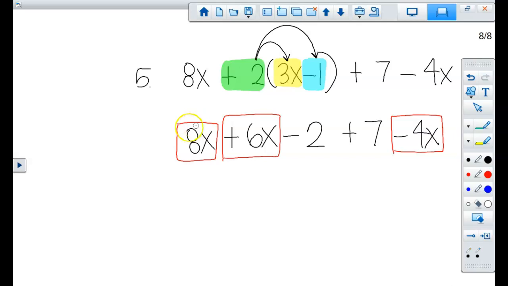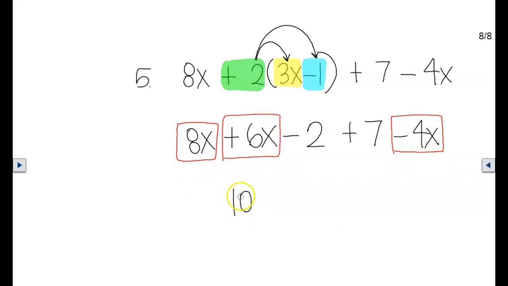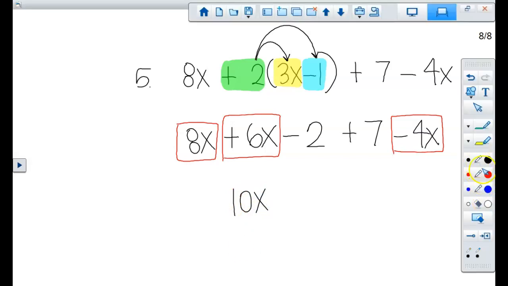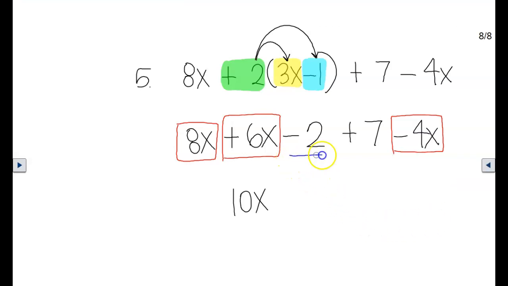Do what it says. You're going to do 8 plus 6, which is 14, minus 4, which would put you at 10. So 8 plus 6 is 14, minus 4 is 10. So you're going to put 10, and don't forget to reattach that variable part, which was an x. All right, now, moving on to your next term, you have a negative 2, a minus 2.